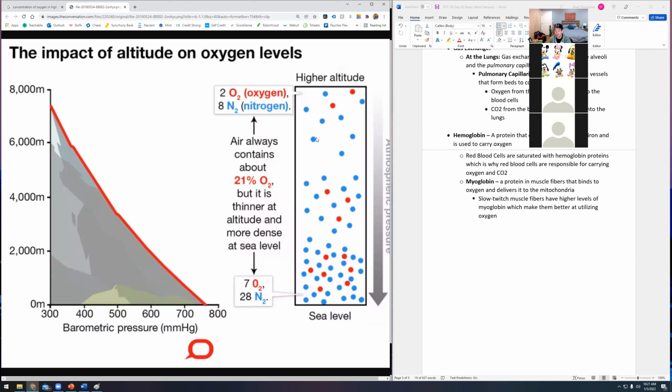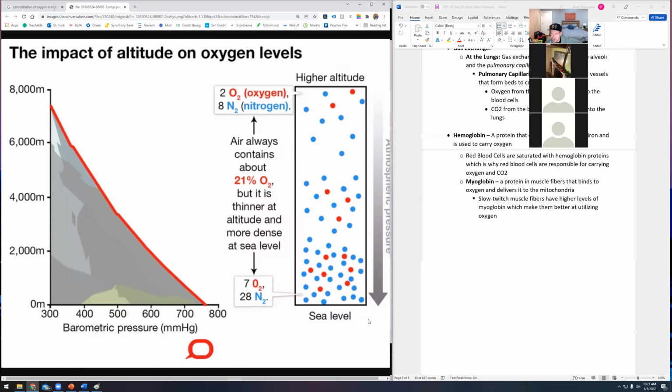The concentration's always about 21% oxygen and about 78% nitrogen. That's the same on Mount Everest as it is at sea level. But the number of molecules of each is less. So the ratio remains the same, but the concentration is much lower.